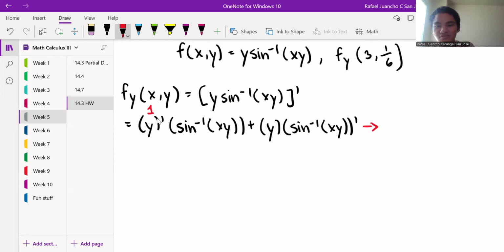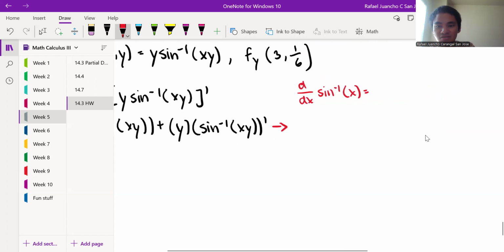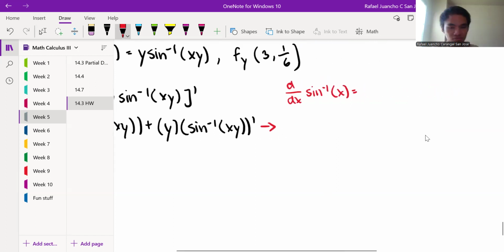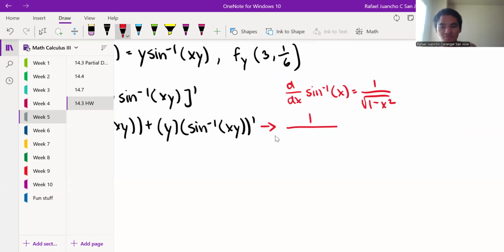I'm just going to recall, a regular derivative of, let's say, an arcsine is basically 1 over the square root of 1 minus x squared. And so from here, we just say that this is 1 over the square root of 1 minus (xy) squared.